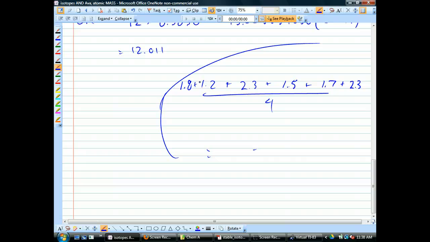This total is 10.8. All right, 10.8 over 4. Now here's the thing. Not over 4, sorry. Over 6. How many sig figs would you have if you use the sig fig rules in your answer?